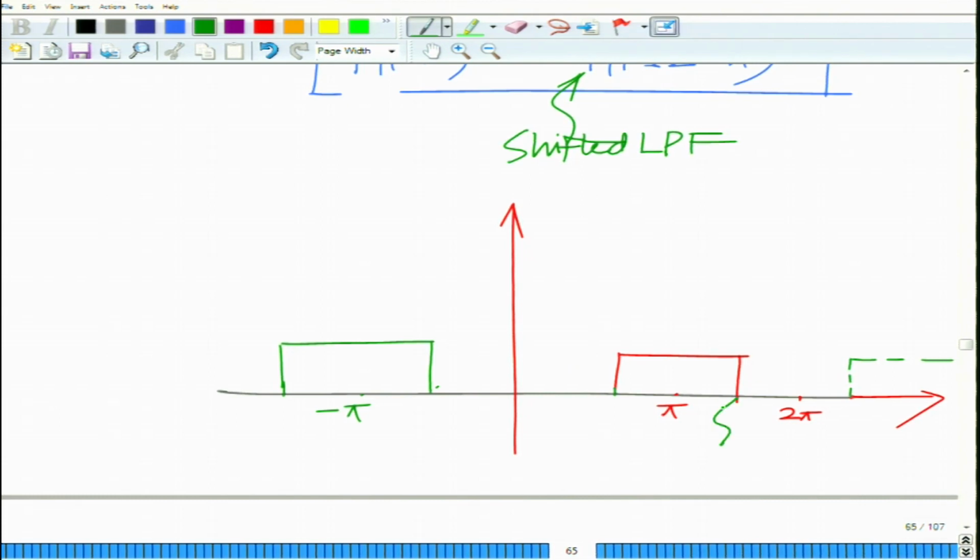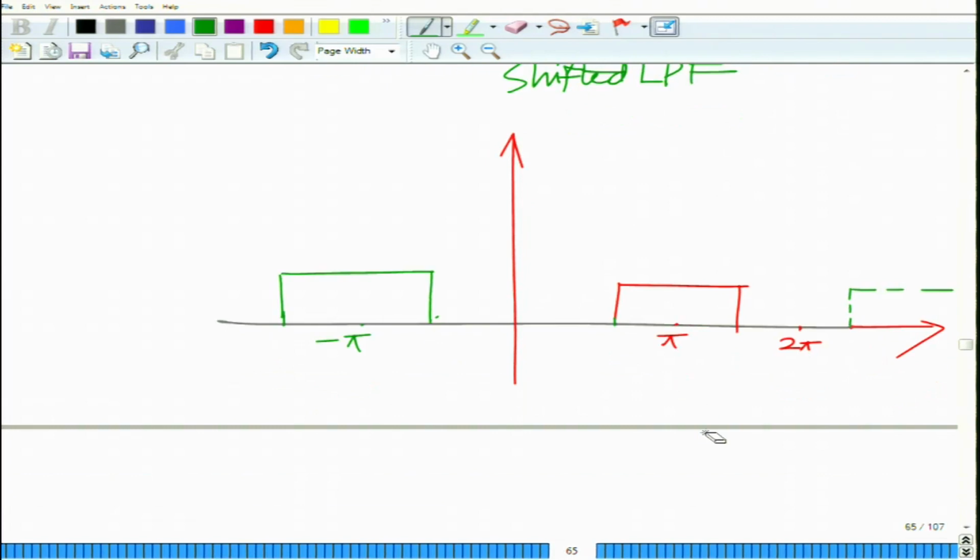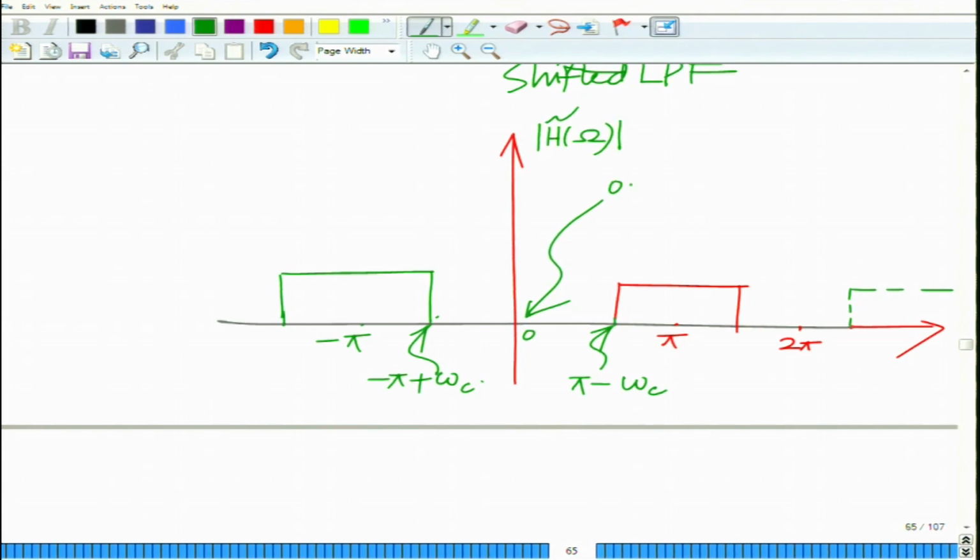So this is pi minus omega c, and this is omega c minus pi, or minus pi plus omega c. Now you can clearly see the gain is 0. If you look at the magnitude of h tilde omega at 0, this is equal to 0, and the gain at pi is equal to 1.